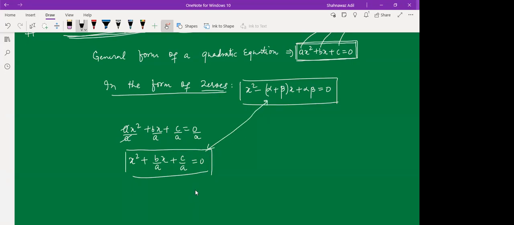If these two equations are equal, then all the coefficients would be equal, which means that the coefficient of x should be equal. Which means that this b by a, this is equal to what?